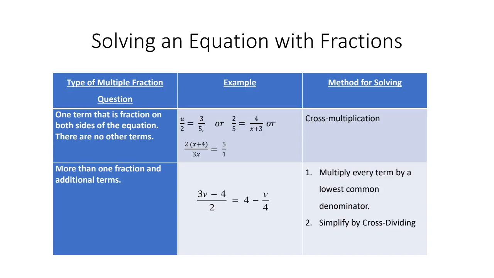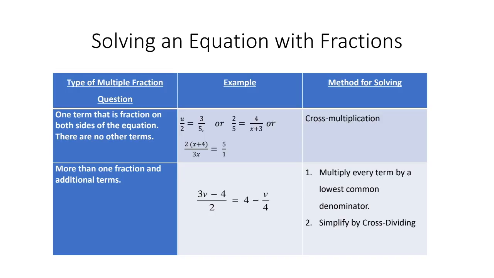So I have a fraction on the left-hand side and a fraction on the right-hand side. So what does that mean in terms of what we're going to do? If I have a fraction on one side and a fraction on the other and no other terms around it or being added or multiplied, we can use cross multiplication, and I'll explain that in one of our examples.